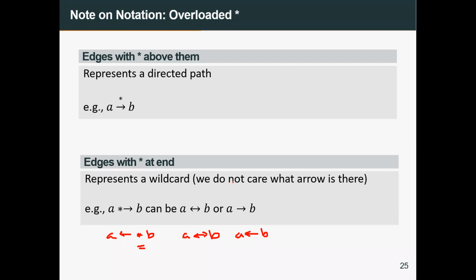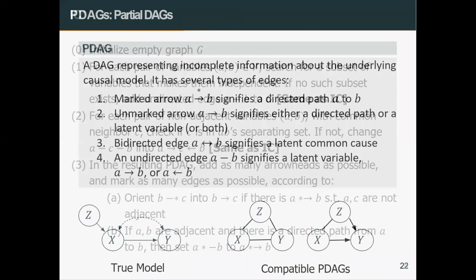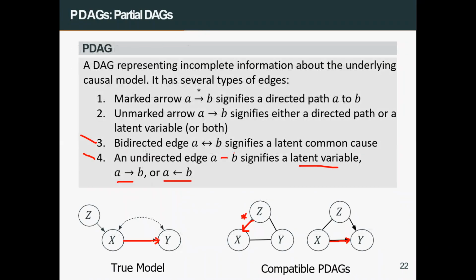Does that make sense? I think when I was going through them, the stars were also a little bit confusing, especially with the new definition of the partial DAG here, which allows for a lot more different possibilities. It took a while looking at the partial DAG to gain an intuition for the difference.